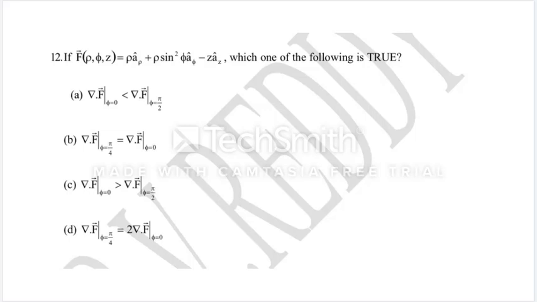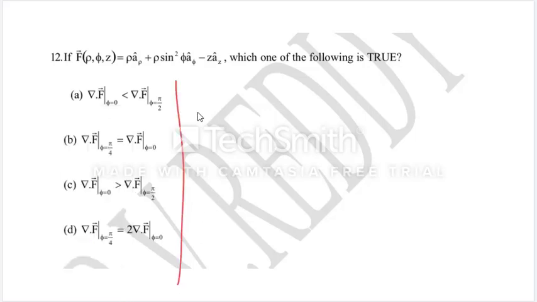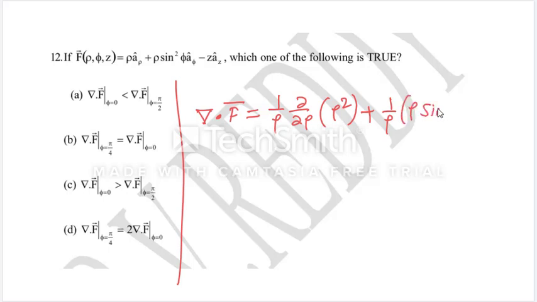Next, del dot f, which of the following is correct? Again the same analysis. Now do it fast. Del dot f, which is equal to 1 by rho into dou by dou rho of, this is rho square plus this is 1 by rho into this derivative, rho into sin square phi derivative sin 2 phi minus 1.